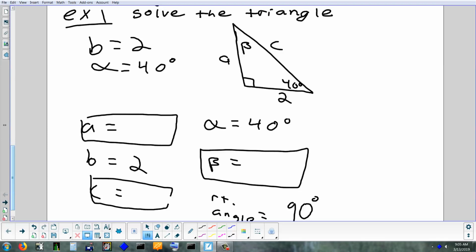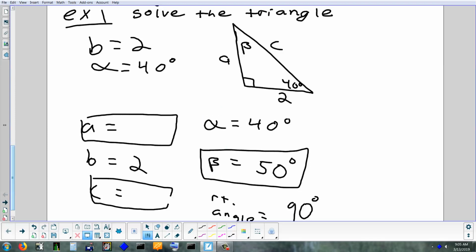Which one do you think would be the quickest to find? Beta. Yeah, beta is going to be the quickest because we already have 2 of the other angles and we know they all add up to what? They all add up to 180. So we know these 2 have to add up to 90. So what's beta? It's 50. All right, so you got beta.